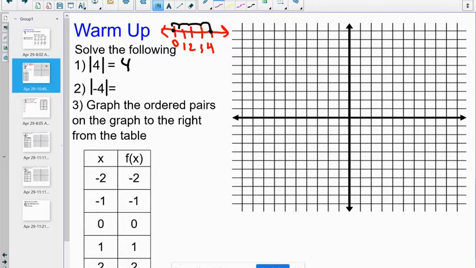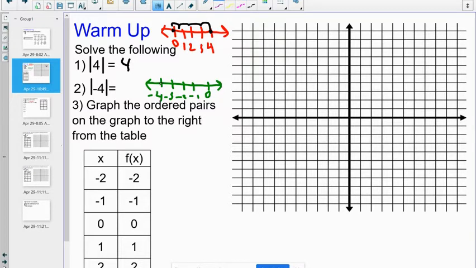Now for number 2, it's asking for the absolute value of -4. Again, this might be some review for you guys, but it might be beneficial. So remember, distance from 0. Now, if I were to do a number line, 0, -1, -2, -3, -4.